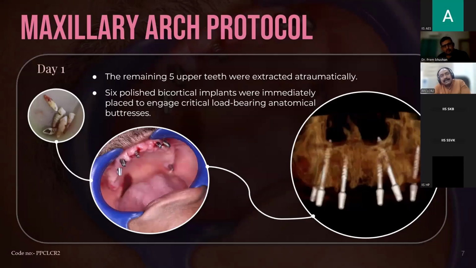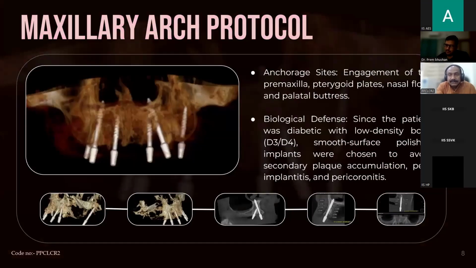On the first day, I extracted all mobile teeth, and in the upper jaw I placed 6 polished bicortical implants, immediately placed, engaging the cortical load-bearing anatomical buttresses. I'll show the place where I placed them.